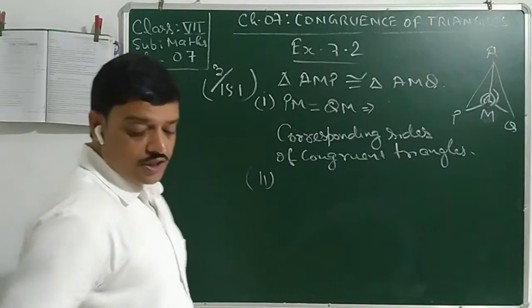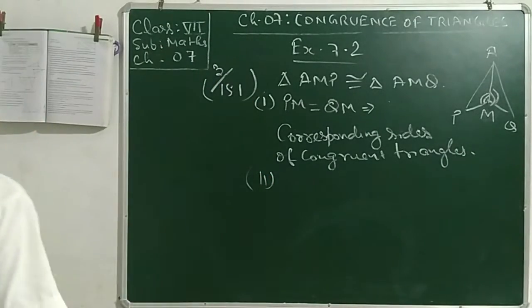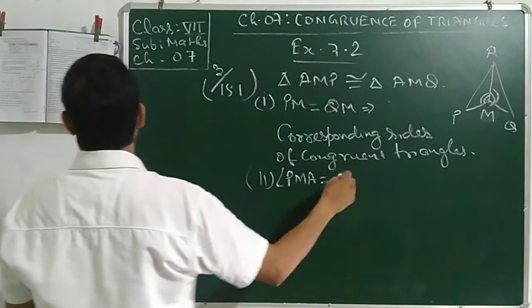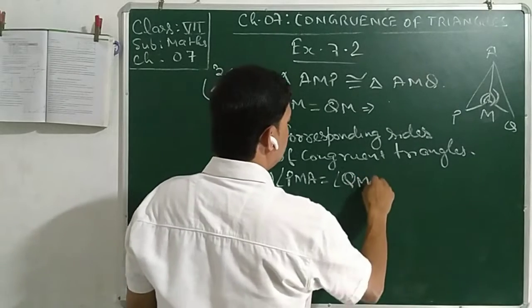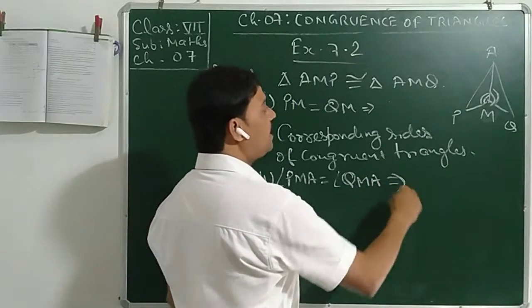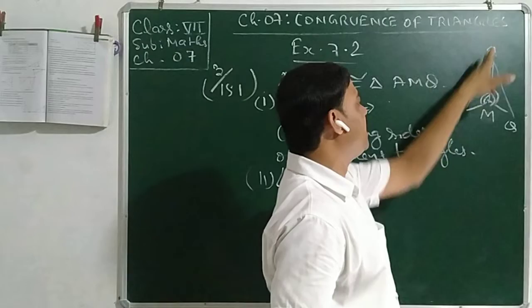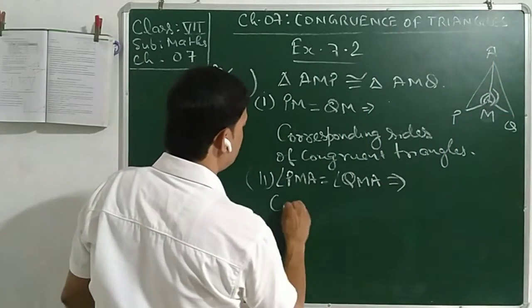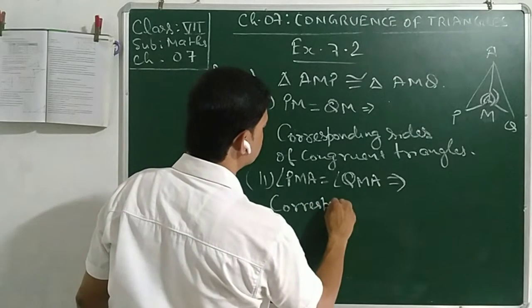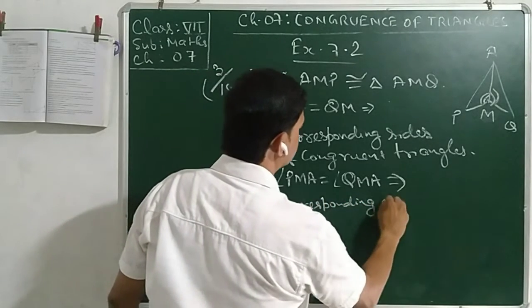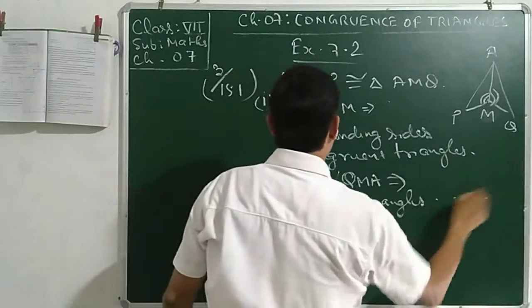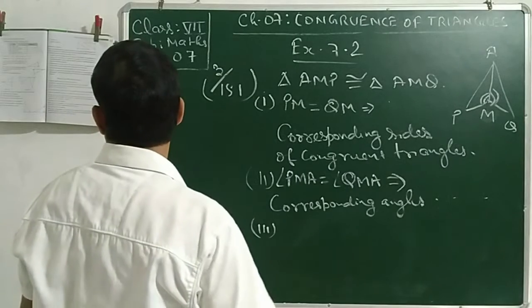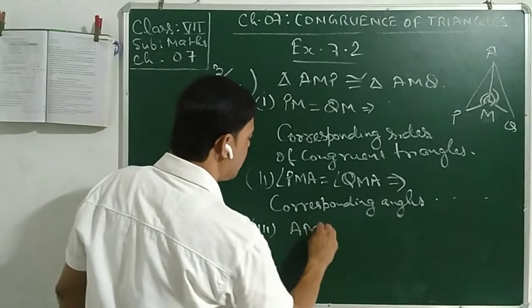Number second, it is asked angle PMA equals angle QMA. See, PMA this angle and QMA this angle. These are corresponding angles. You can write congruent triangles there also. Number third is AM equals AM.